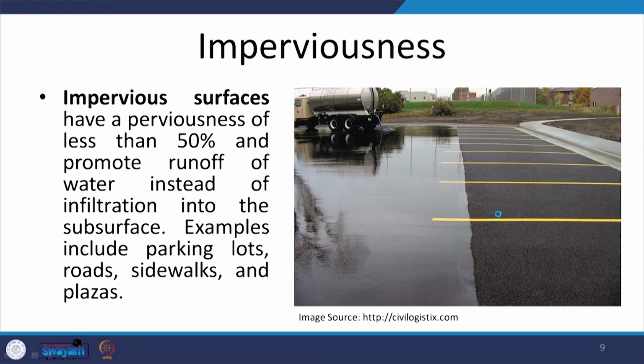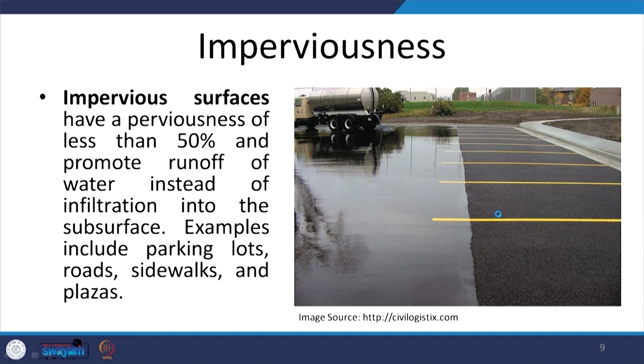So, we are talking about imperviousness. Imperviousness, as its literal meaning also indicates, is the incapability of a surface to allow water to permeate through it to the lower surfaces.